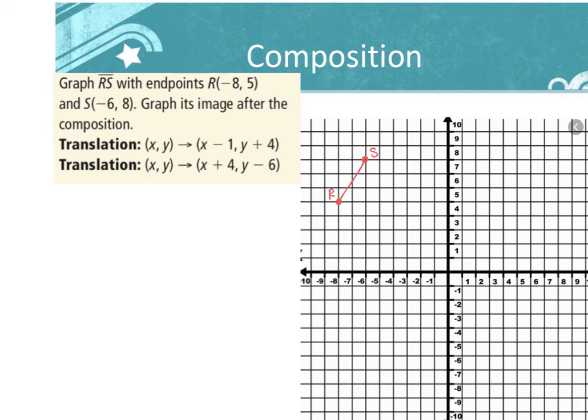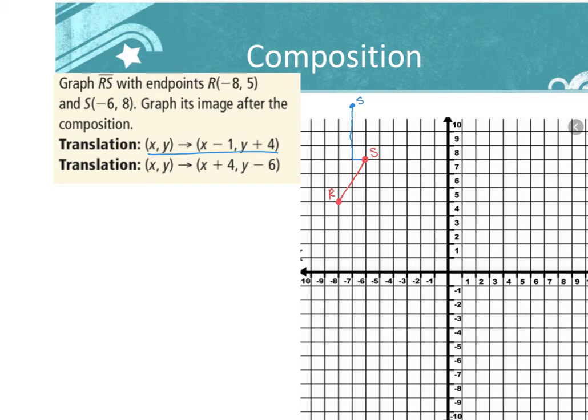What we're doing with this line segment is we are translating it twice. So we're going to have 2 different images after this. So let's do our first one in blue. We want to move to the left 1 and then up 4. So let's move to the left 1 and then up 1, 2, 3, 4.